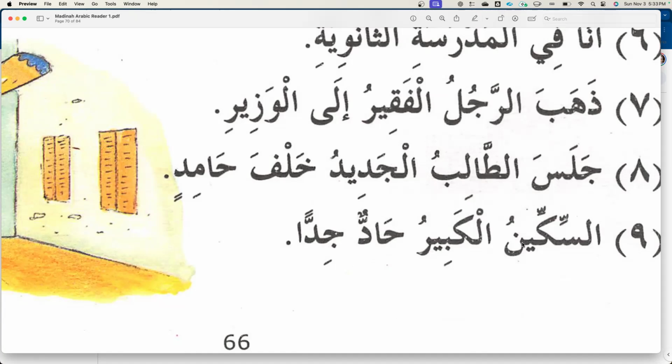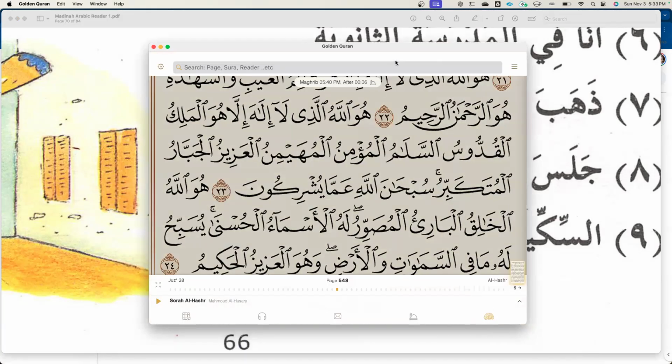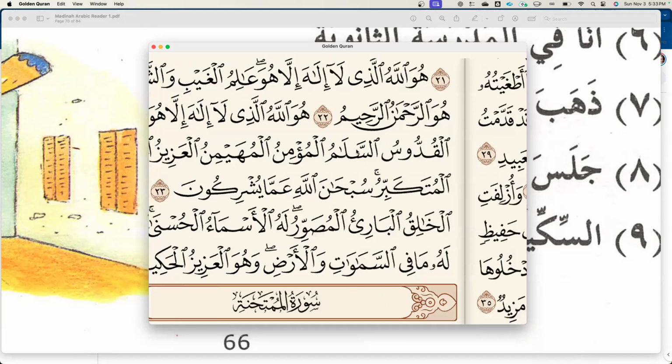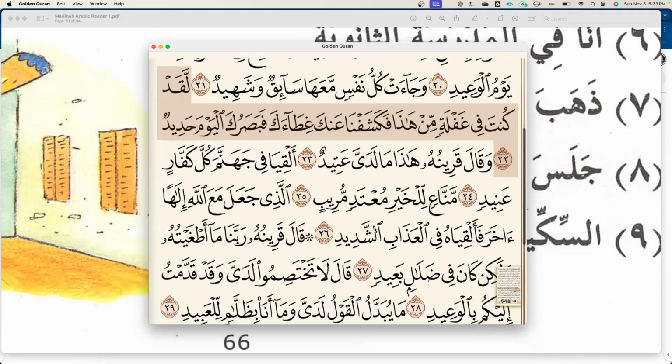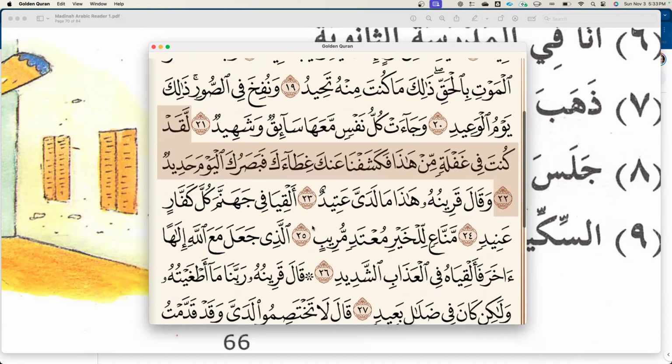What does the Quran say in that scary ayah, in Surah Qaf? Allah subhanahu wa ta'ala says, speaking about the Day of Judgment: لقد كنت في غفلة من هذا.